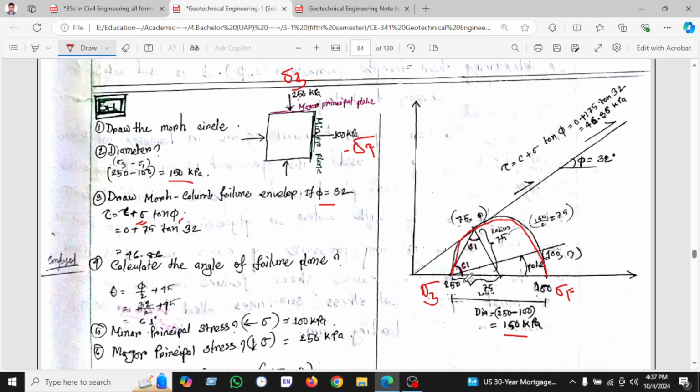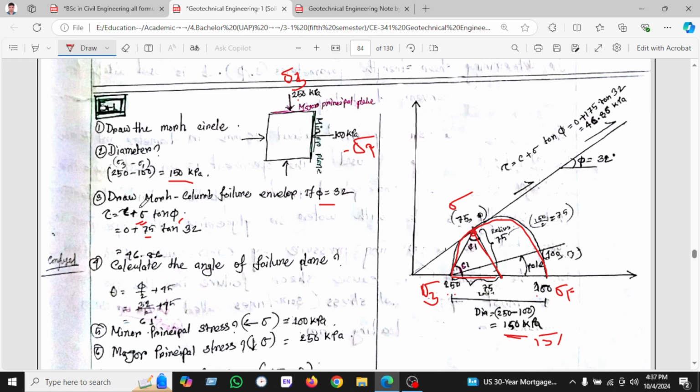Then we calculate the diameter, which is 150, and then the radius. The radius will be 150 divided by 2, which is 75. So this point is the value of sigma, and that's why we find 75.